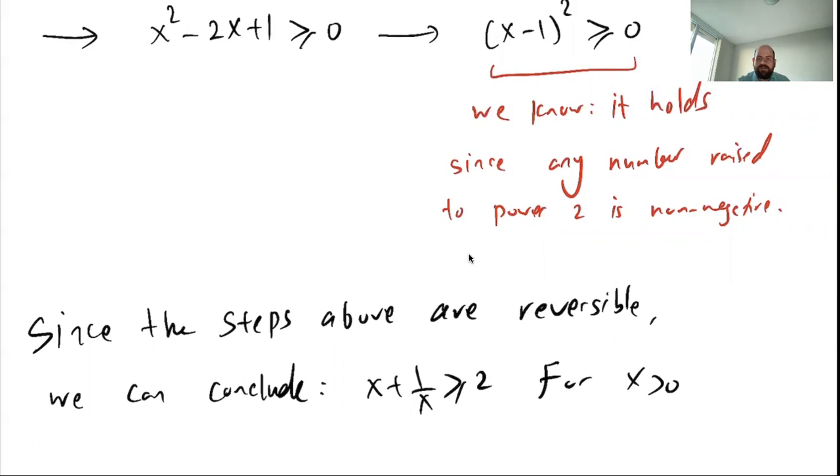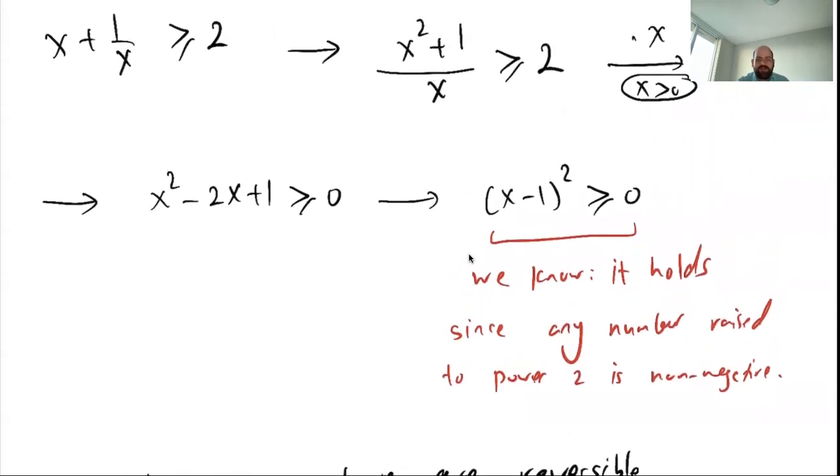Why are the steps reversible? Well, that's very easy to check. If you want to start with this and reverse it to this one, well, that's obvious, right? This one we know is true, any number squared is non-negative. And then from this, we can easily conclude this. Why? Because x minus 1, the whole squared, is x squared minus 2x plus 1.